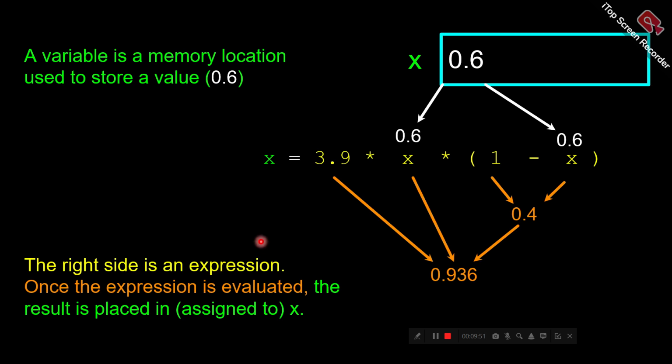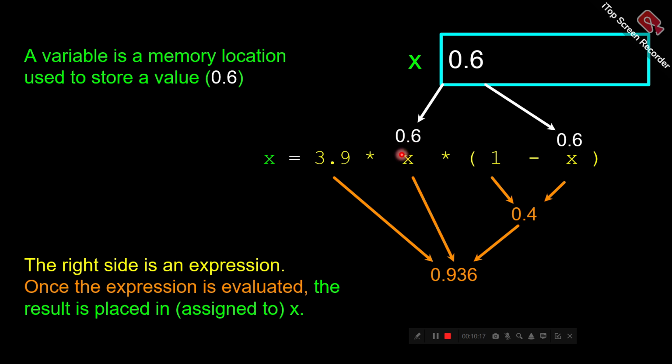So it's the same thing. Here, the previous value of x was 0.6. First we assigned the x value as 0.6. The next expression is 3.9 into x into, in brackets, 1 minus x. First it will put the value of x, 0.6, in all the x's on the right hand side.